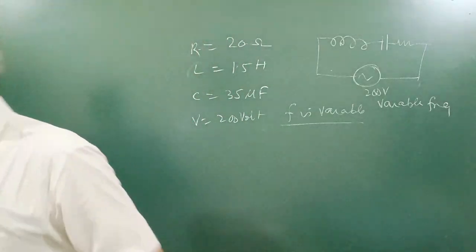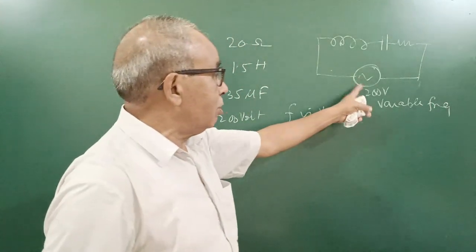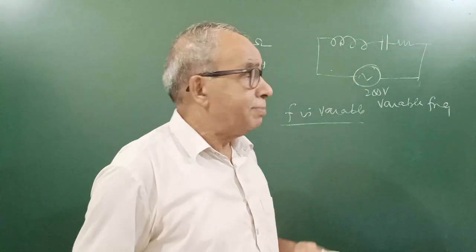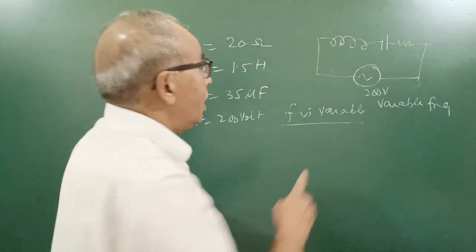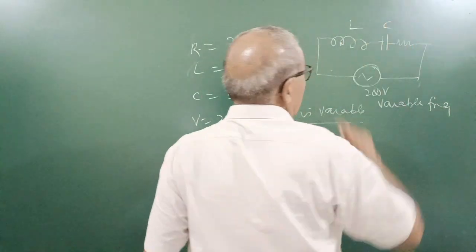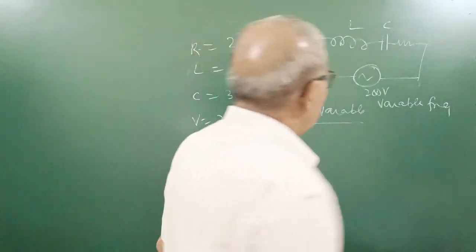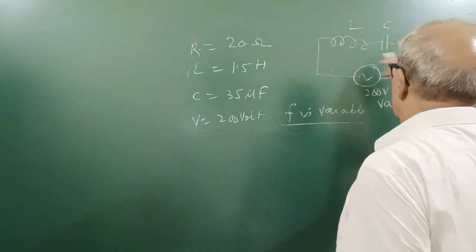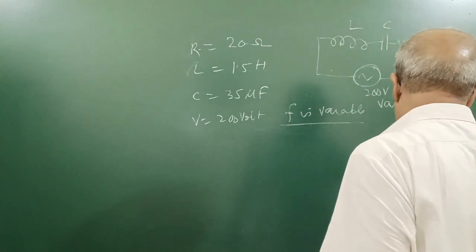In a purely resistive circuit, the frequency of oscillation of electrons is equal to the frequency of the source. If anyhow in a series LCR circuit, L and C are there, I told you that when L and C are there, the natural frequency of oscillation is equal to 1 upon 2 pi under root LC.